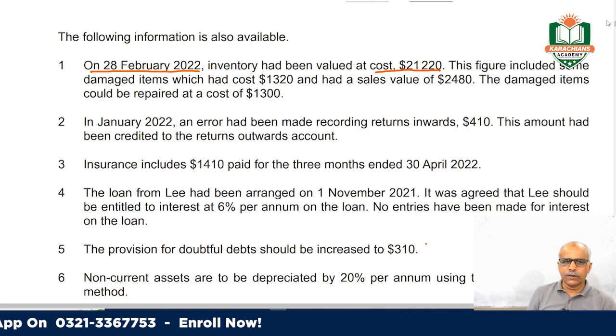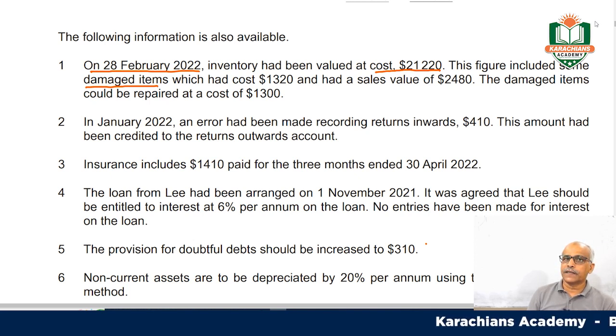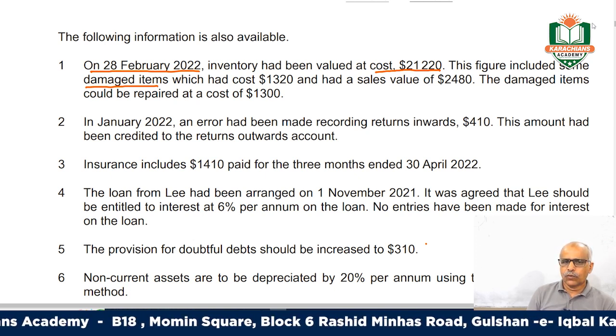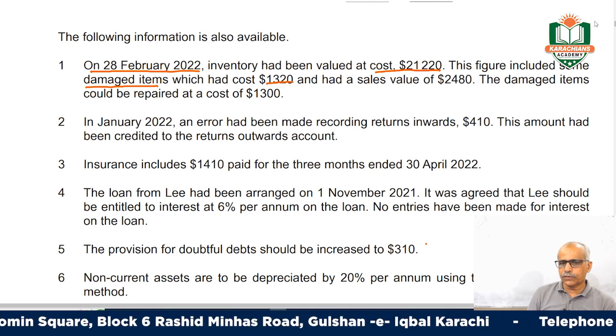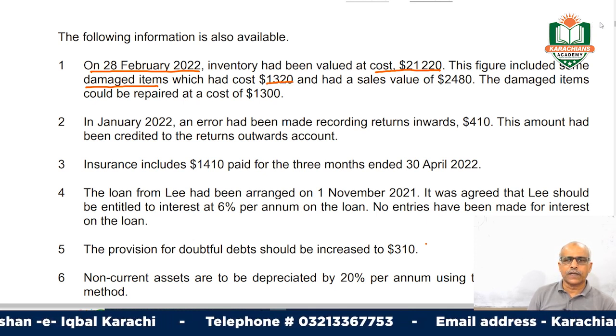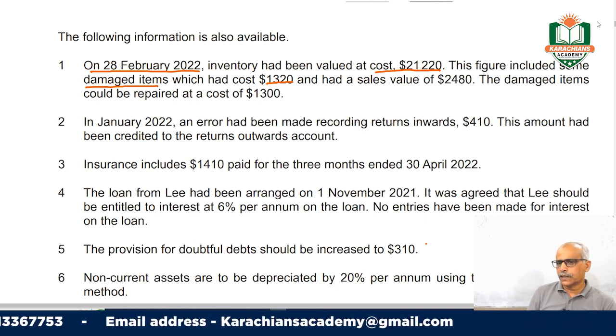The figure included some damaged goods. Very much fine, so keep in mind IAS 2, right? Here we will apply IAS 2 of inventory accounting. The cost of the damaged goods was 1,320 and had a sales value of 2,480.